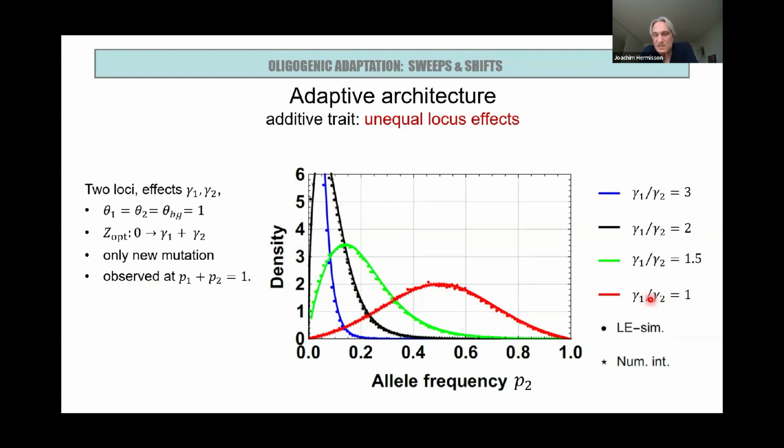So this is equal effect sizes, and here these differences become larger and larger. And what happens, of course, is that this smaller locus contributes less and less, and almost everything, say for a ratio of 3, is contributed already by the larger locus here. So this is absolutely what you expect.